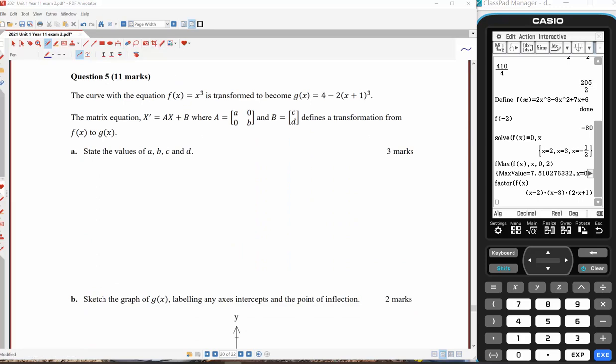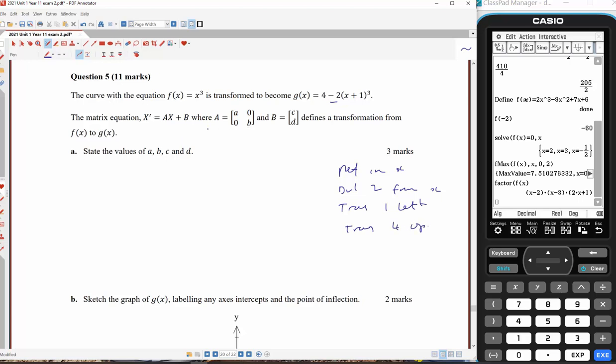The curve with the equation x cubed is transformed to become this. So just by recognition, we can see that this is a reflection in x. This is a dilation 2 from x. It's translation 1 left and 4 up.